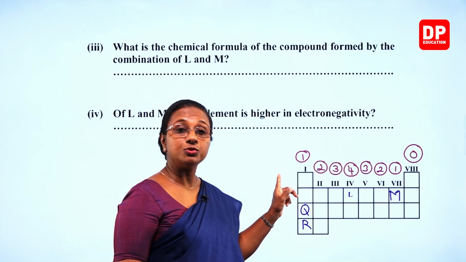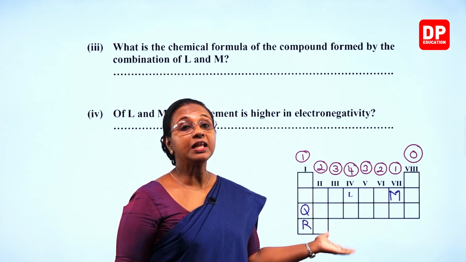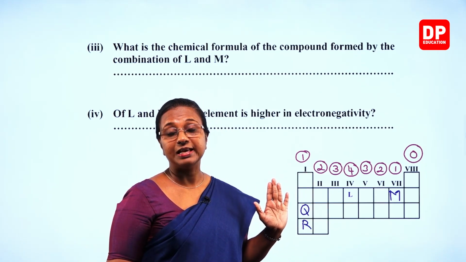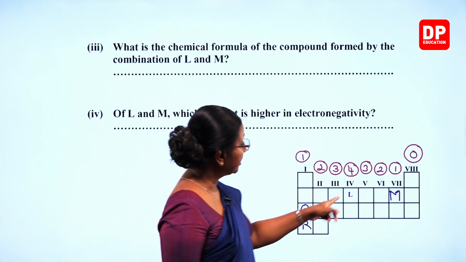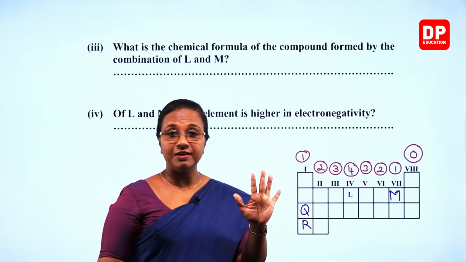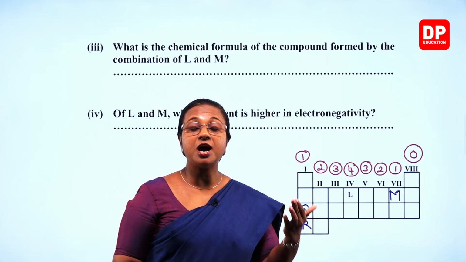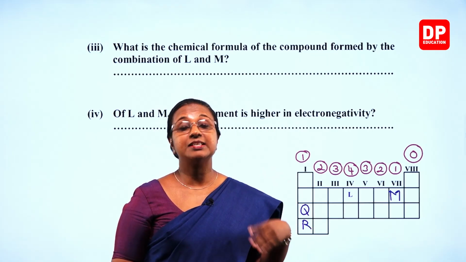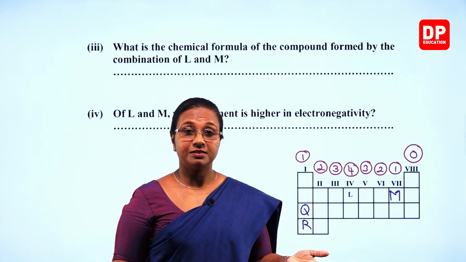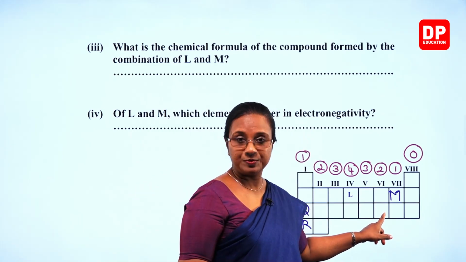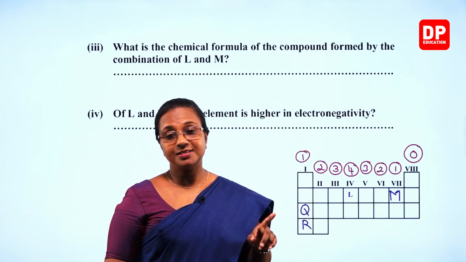If they use those for bonding, they attain that noble gas electronic configuration. But if you take group 5, there are 5 electrons, so if they share or obtain 3 electrons, they attain 8 electrons. The same goes for group 6, which has 6 electrons.